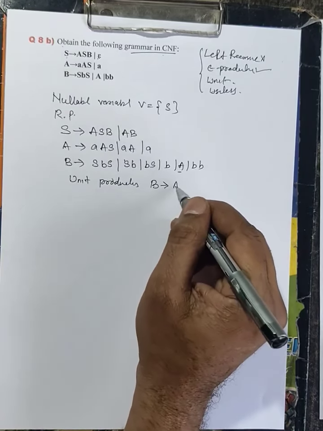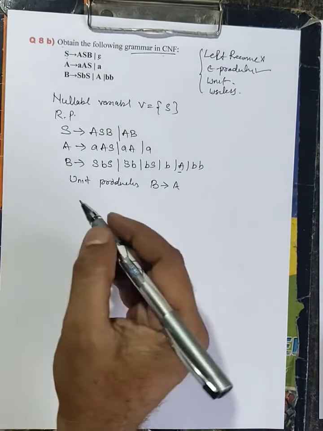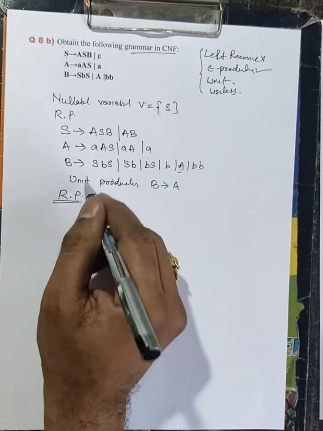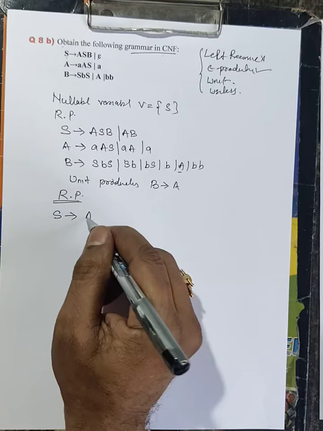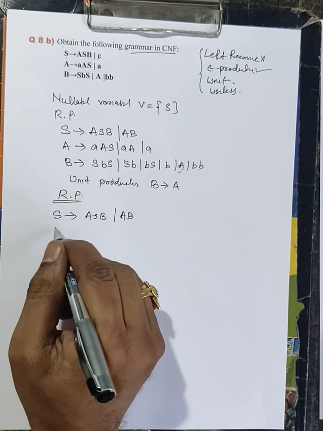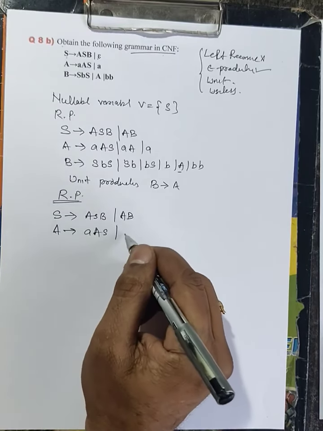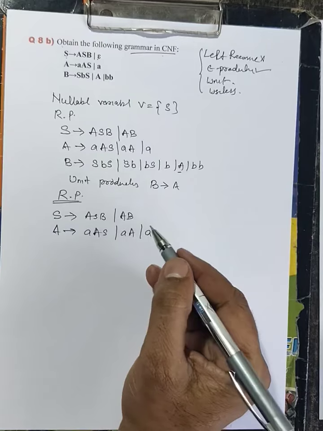Yes, B produces A, meaning B can produce all productions of B and all productions of A. Resulting productions after eliminating unit productions: S produces ASB or AB, and A produces AAS or AA or a.